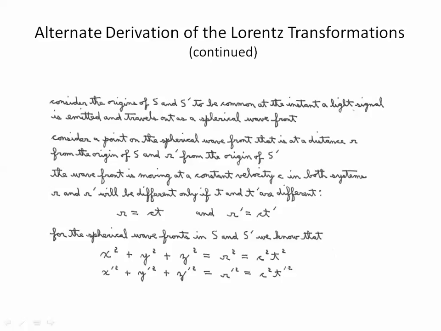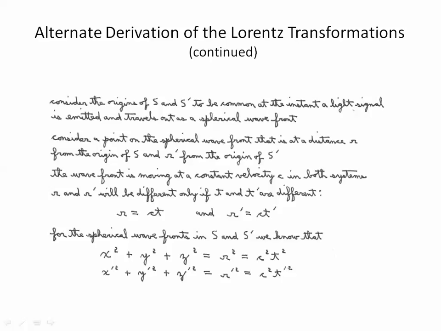The requirement that r equals c times t and r prime equals c times t prime for the spheres can be used to obtain the same result as the derivation of the Lorentz transformation shown previously. The spherical wavefront in S is represented by the equation x squared plus y squared plus z squared equals r squared, which also equals c squared times t squared.